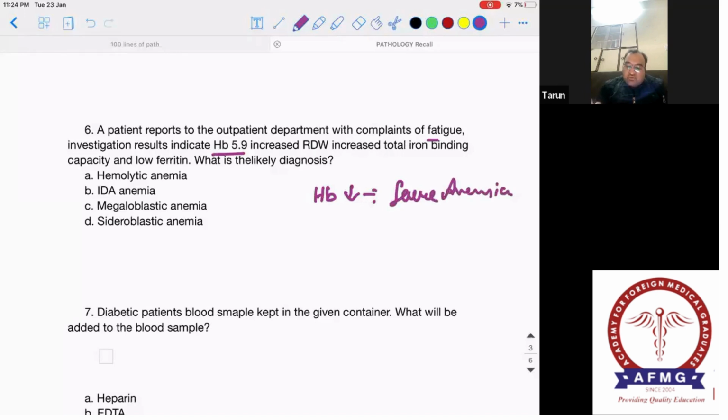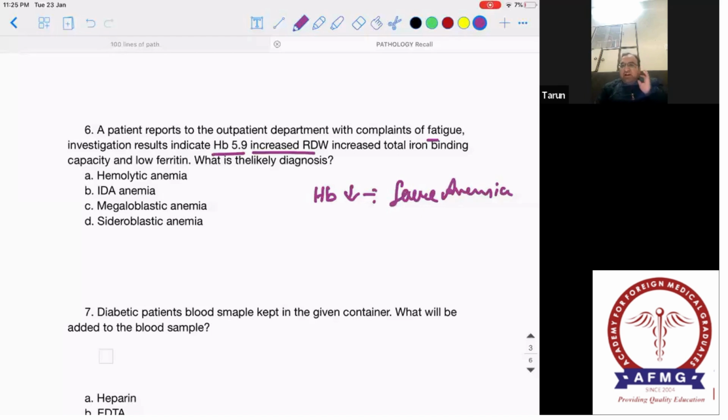Then I told you that you have to see the RBC indices, whether they are given or not given. So RBC indices are not given here. Instead of that, one index is given, that is increased RDW. So based on RDW, we can differentiate two important conditions, one is called iron deficiency anemia from the thalassemia. Okay, so iron deficiency anemia can be differentiated from the thalassemia on the basis of the RDW.